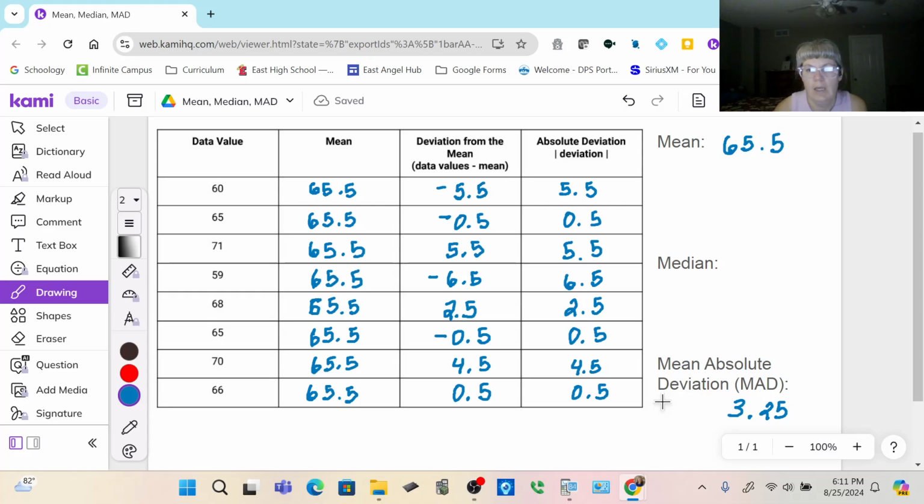And just a reminder, median is when you take your numbers and you write them in order. So our smallest number is 59. And then we have 60. And then the next two would be 65.